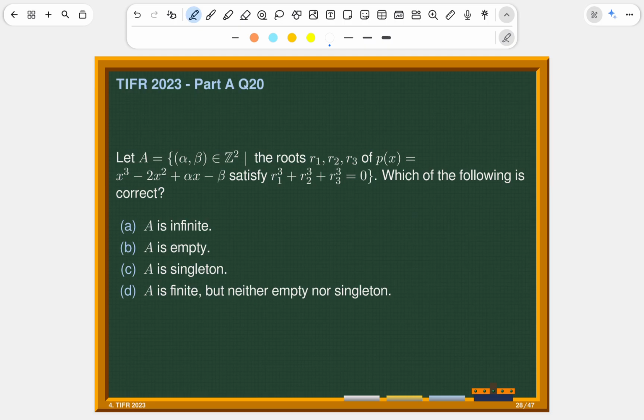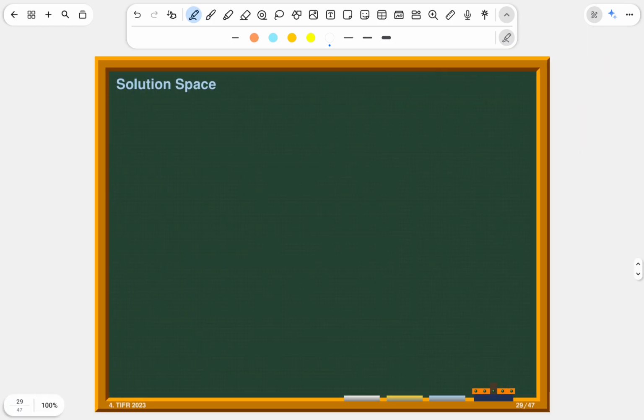So, the first thing which usually comes to your mind when you get problems involving roots of polynomials is Vieta's formula and the Newton formulas relating the roots and the coefficients. Okay, so let us try to give a solution to this question.